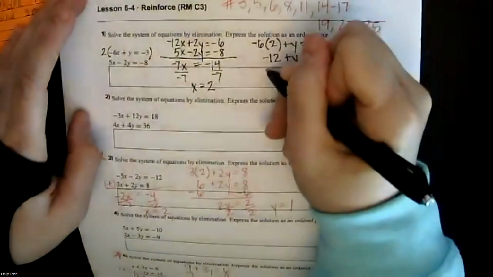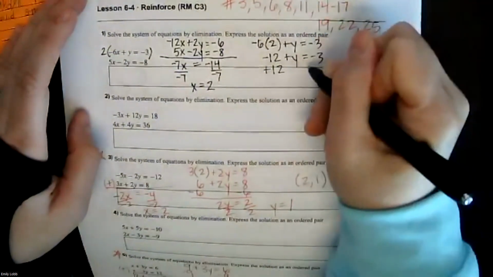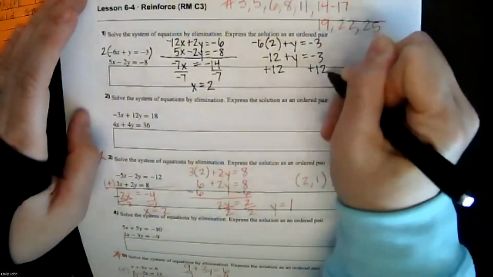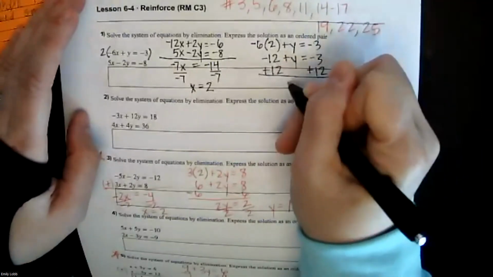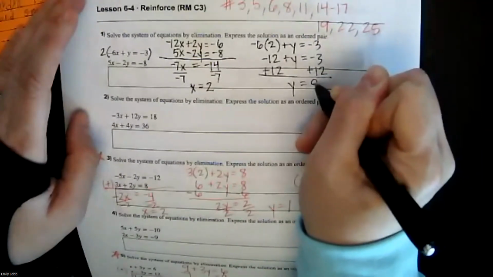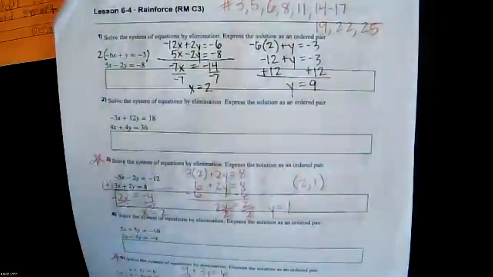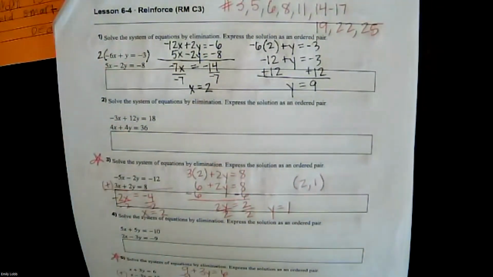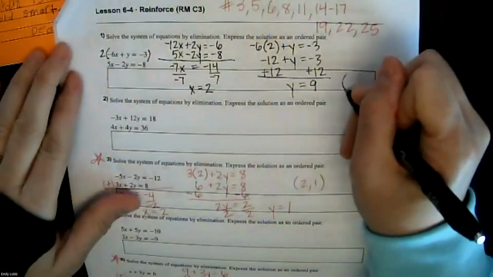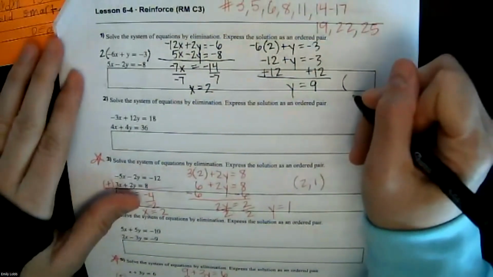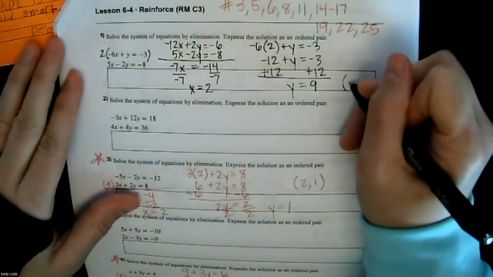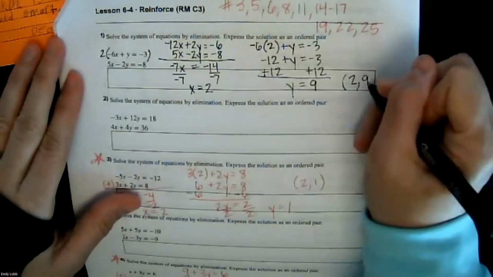When I add 12 to both sides, we have y is equal to 9. So the answer to this system is 2, 9.